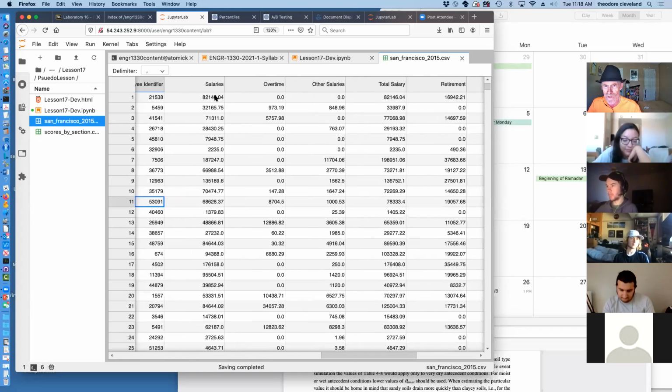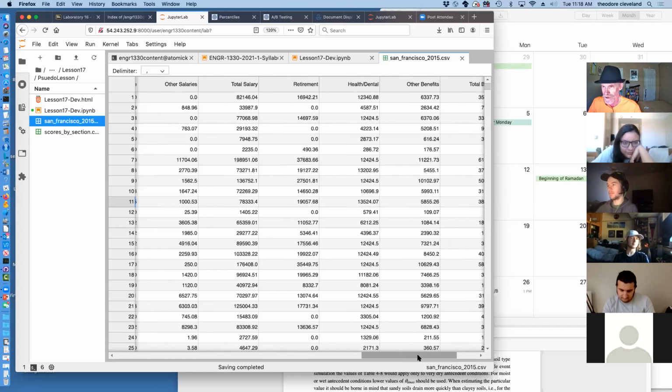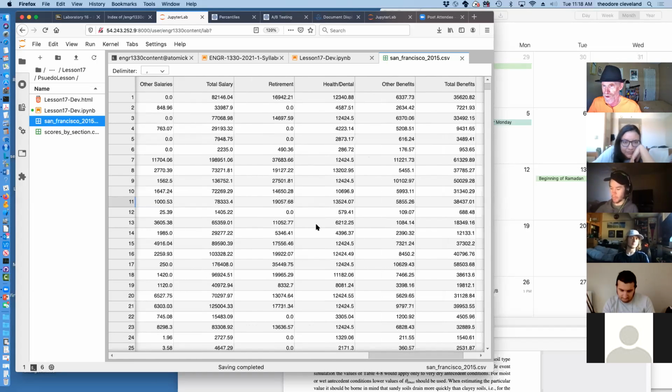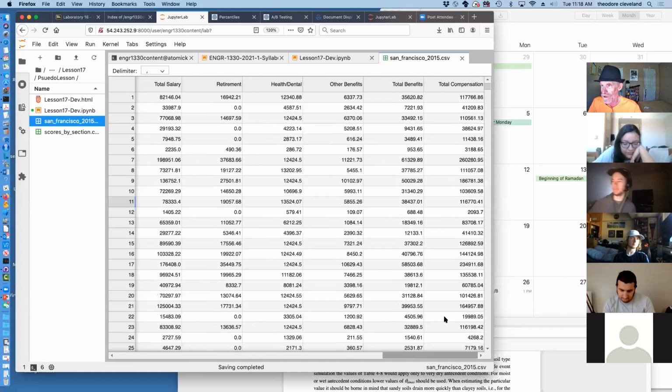And then the salaries are listed in this column: overtime, other salaries, total salaries, retirement, benefit, health and dental costs, other benefits, total benefits. Somewhere out here we get total compensation. So here's an employee.